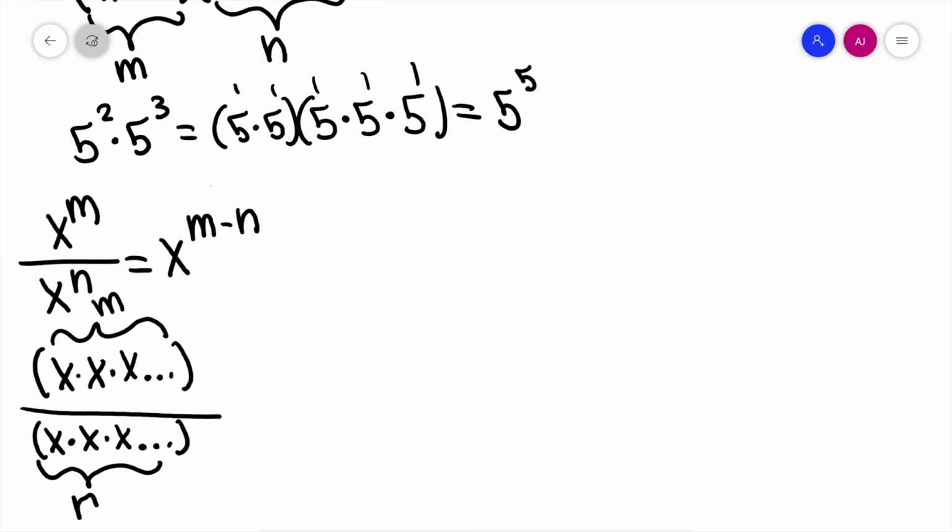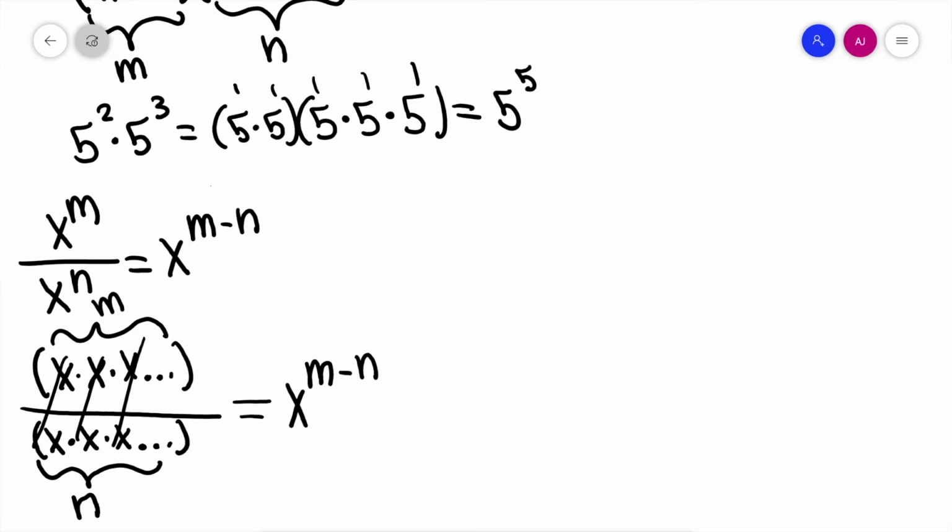And then because they're the same base, you can cancel out so many of the bases, right? And the amount that you're actually left with is x to the m minus n, right?